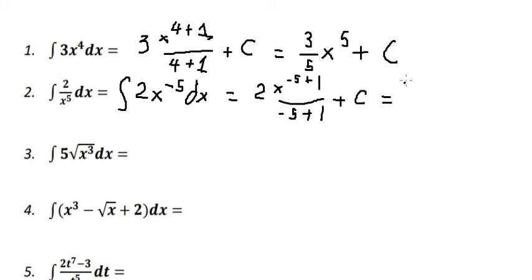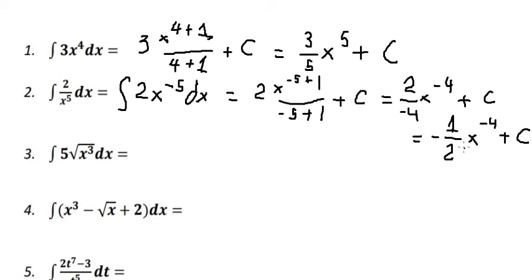So you get 2 over negative 4 x to the power of negative 4 plus c. So this one we get negative 1 over 2 x to the power of negative 4 plus c. And this is the final answer.